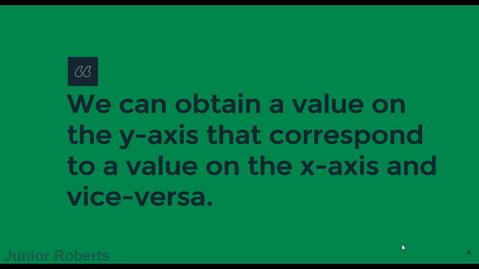We can also find a value on the x-axis that corresponds to a value on the y-axis, right? Whenever we do this, we call this process extrapolating. So we will extrapolate different values, and we're going to be looking at how exactly we go about doing this in this video.